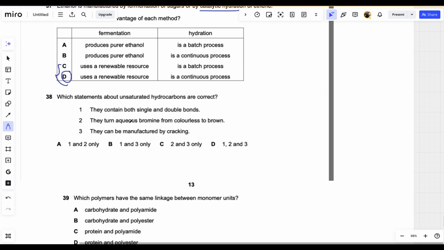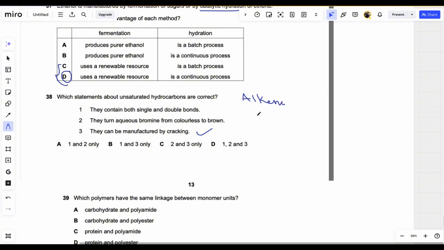Let's move on. They turn aqueous bromine from colorless to brown? No. They can be manufactured by cracking. Yes, unsaturated hydrocarbons are manufactured by the cracking process. Like the alkenes, all the alkenes, ethene, they contain both single and double bonds.